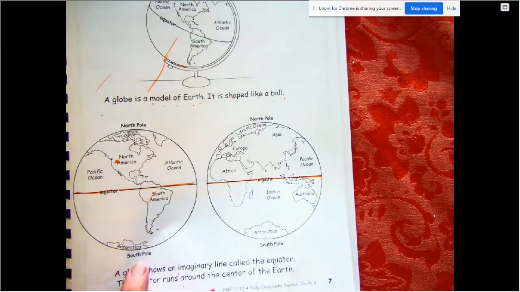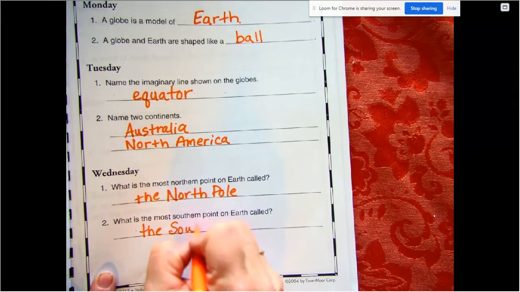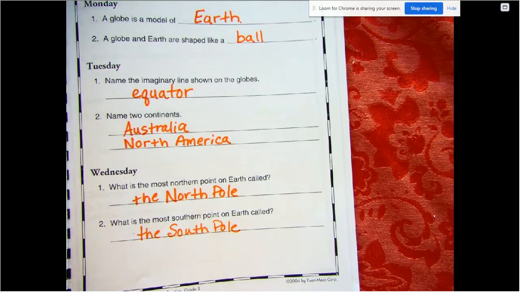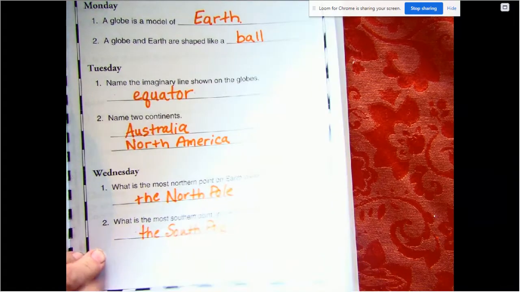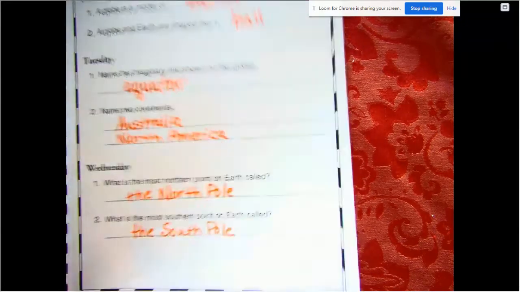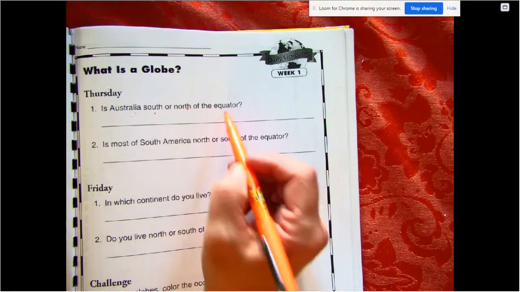The southernmost point is called the South Pole. Okay. So pause this if you need to. We just have a few more questions to go on the very next page.